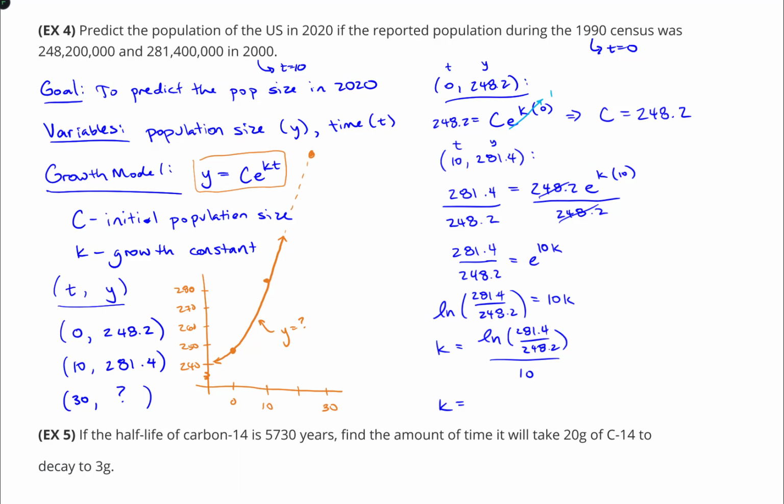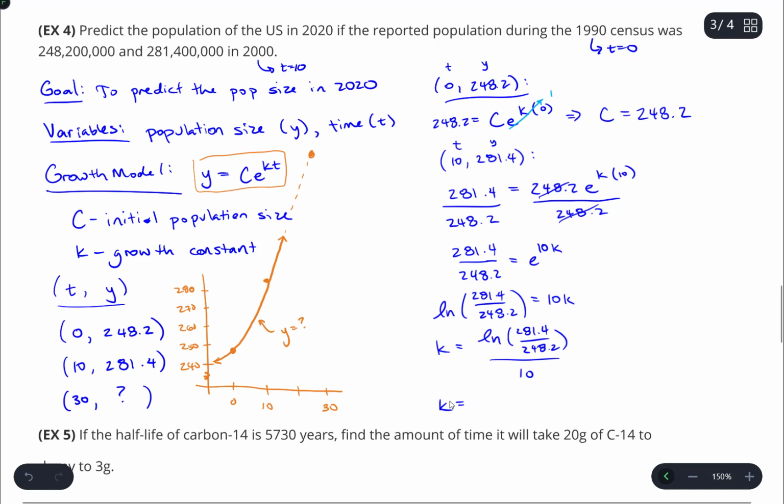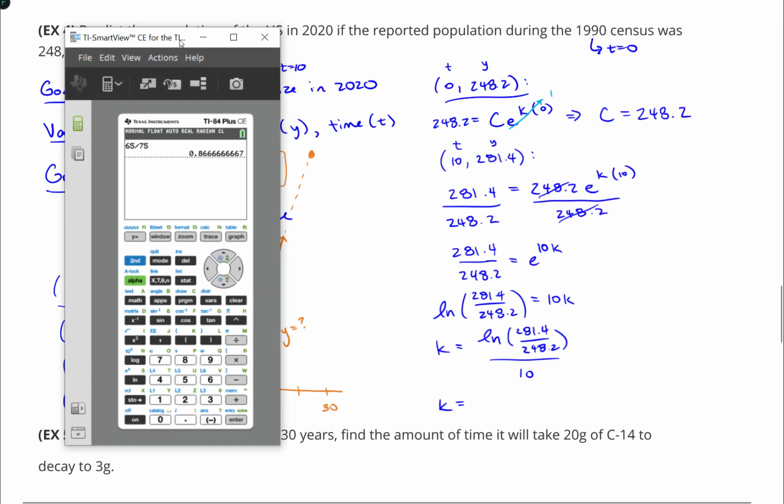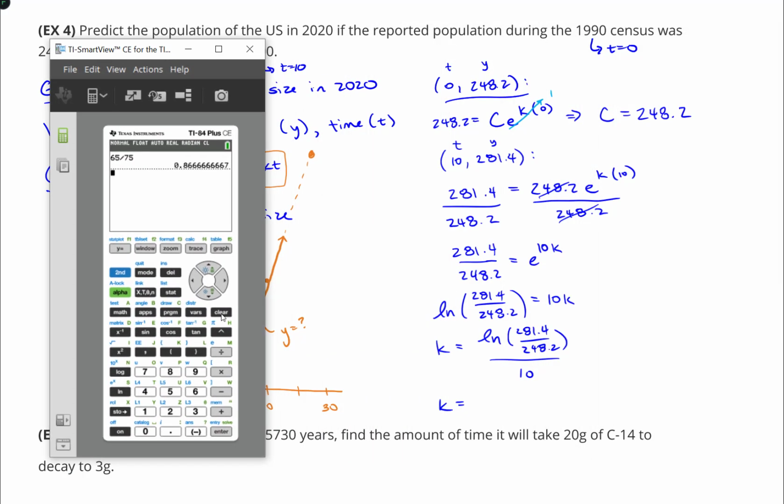All right, so we can use the calculator to help us determine that value. And let me bring that up for us here. Give me 1 second. Okay, so natural log of 281.4.